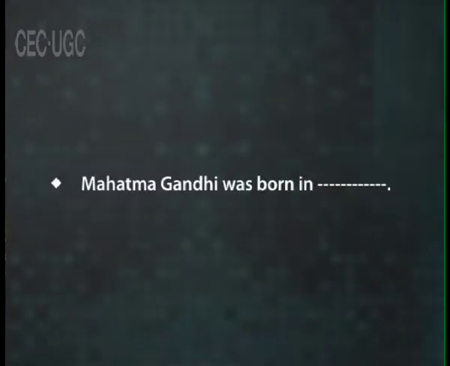If the question is not carefully phrased, the degree of correctness of responses might vary. Let us consider the following question. Mahatma Gandhi was born in. Here, the teacher might want students to write the city where Mahatma Gandhi was born.